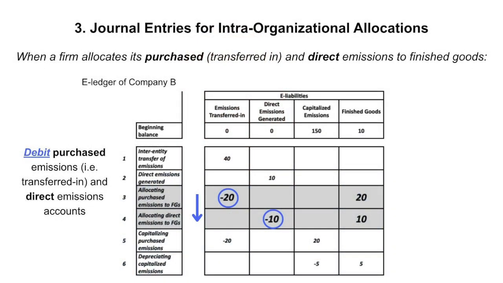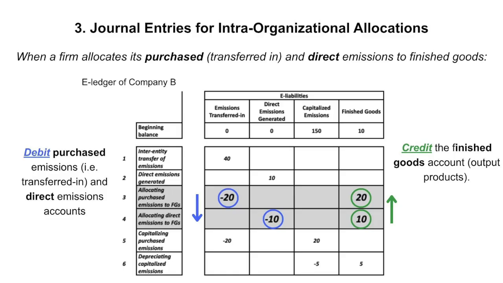And so this third journal entry, where we are going to, in a way, debit the purchased emissions account and also the direct emissions account, we will credit into the output products, all the output products that are being produced. That'll be their e-liability.